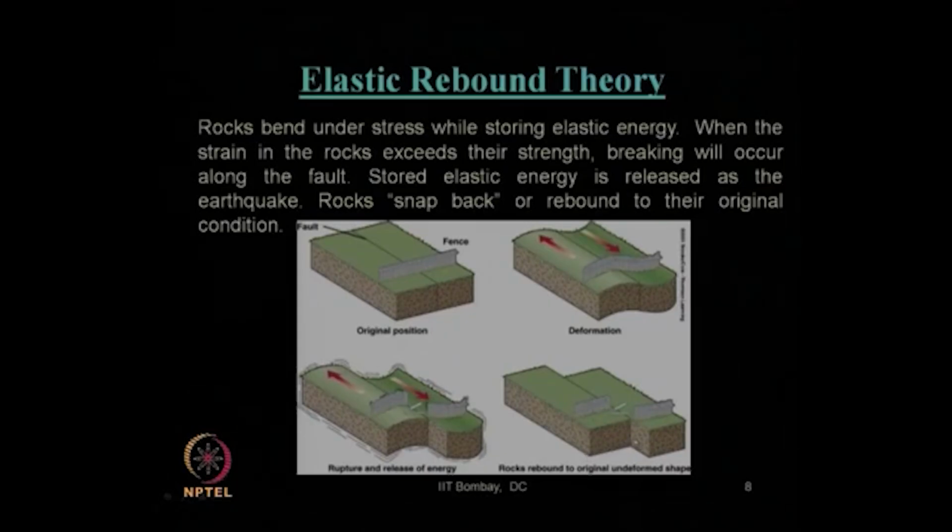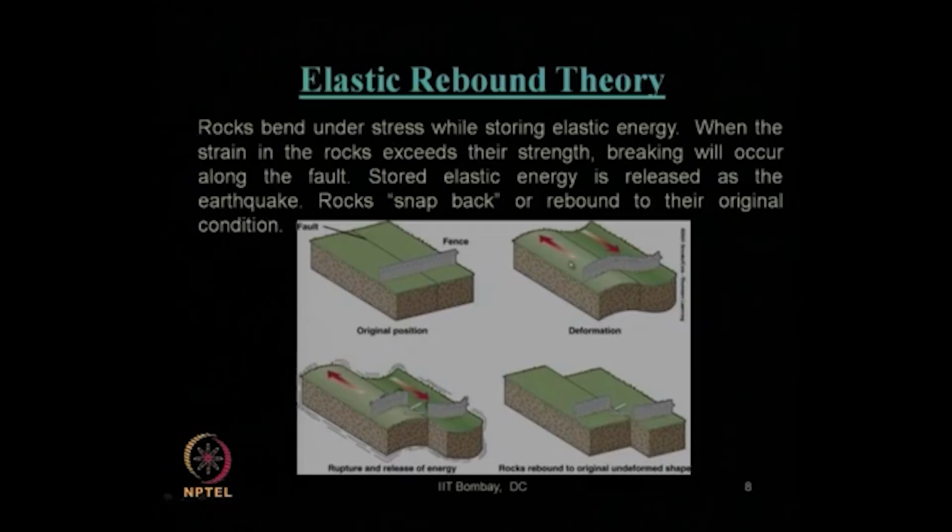But in that process you can see there is a movement along that fault, which automatically creates the disturbance of the structure which was constructed on the ground surface on this rock block. So, now along that fault there is a breakage or movement, which essentially caused the breaking of the structure constructed on the ground surface.